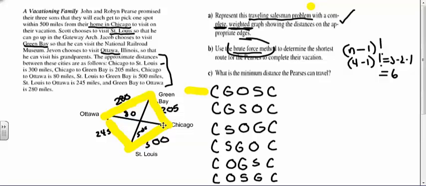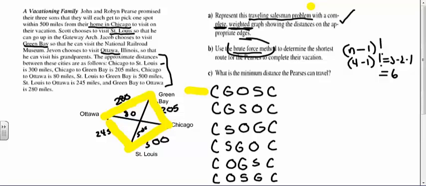So that is a Hamilton circuit. We visited all the vertices exactly one time. Now let's find the cost of that Hamilton circuit by adding up the weights on all those edges. So it'd be 205 plus 280, I believe that's 485, plus 245 plus 300.